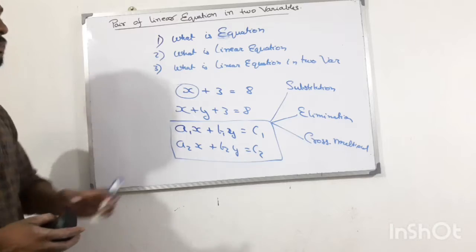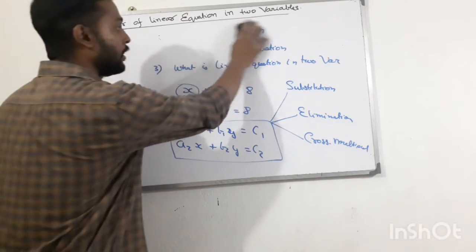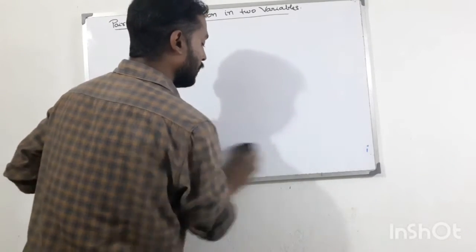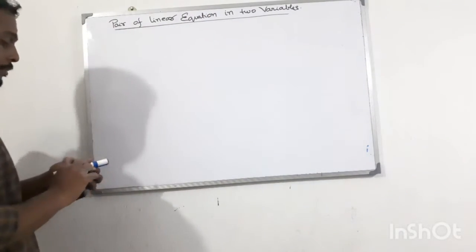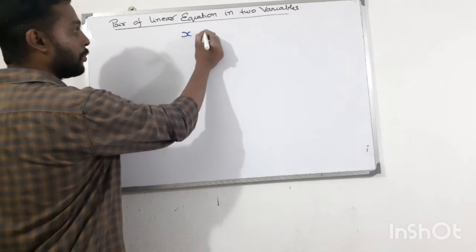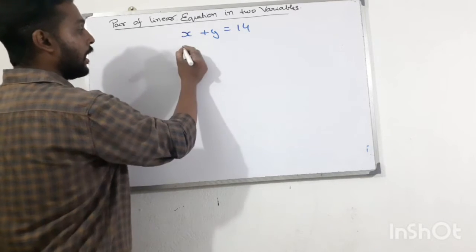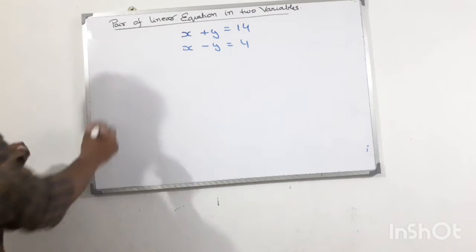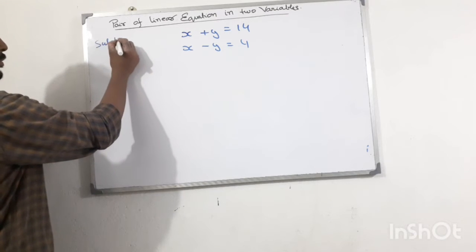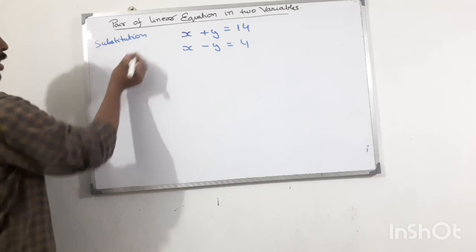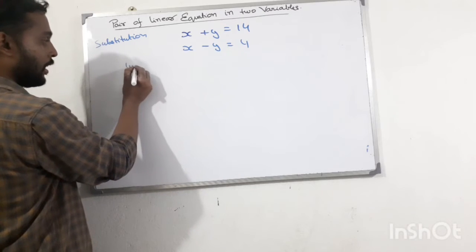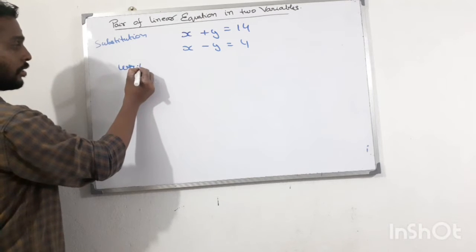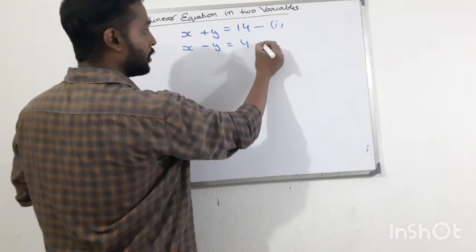So quickly moving to the substitution method, how can we solve a linear equation by the help of substitution method? Suppose we have a pair of linear equations: x plus y is equal to 40 and x minus y is equal to 4. We have to solve this by substitution method. We take these as equation 1 and equation 2.